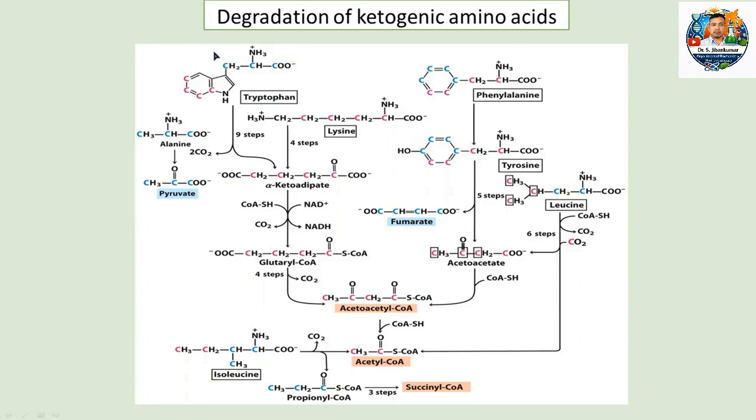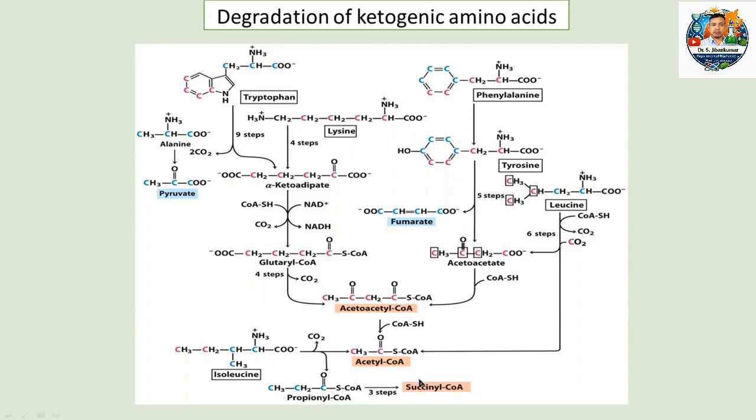This alanine from tryptophan is coming from this portion of tryptophan. So without the ring structure, the remaining part of tryptophan is nothing but alanine. Again, another branched amino acid, that is isoleucine, is also converted to acetyl CoA and propionyl CoA.